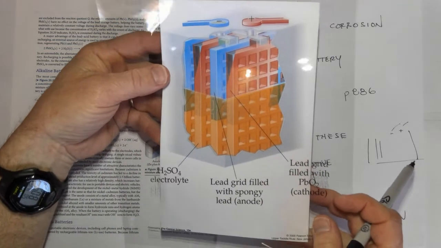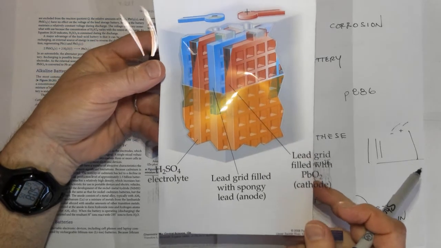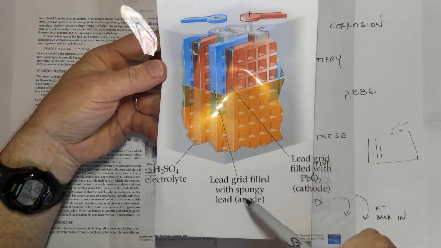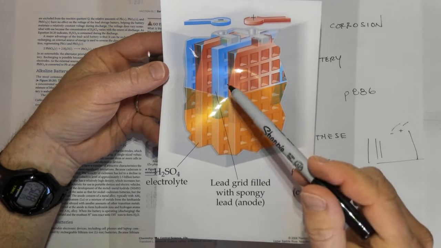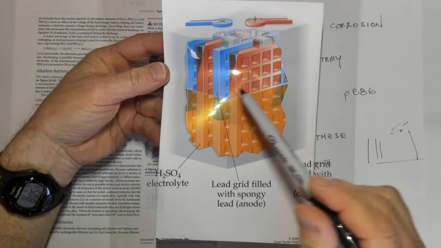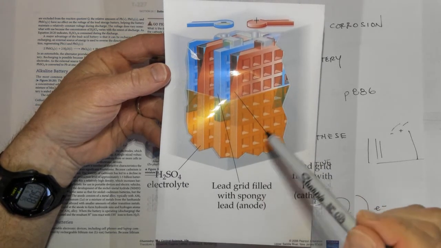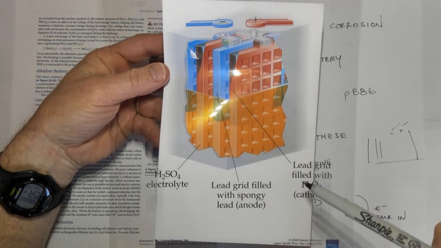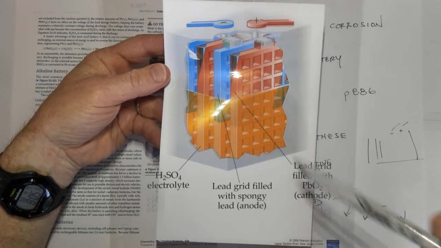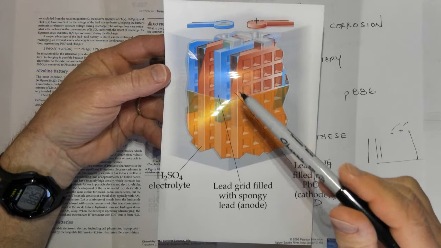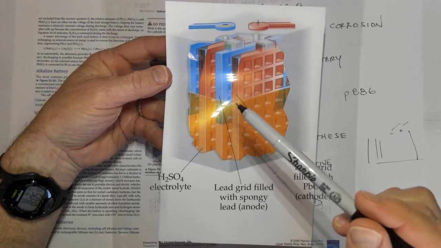You can see a really nice grid view of how the lead anode is submerged in this H2SO4 electrolyte, and then here's the PbO2 cathode right here, and you can see the positive and negative electrodes.